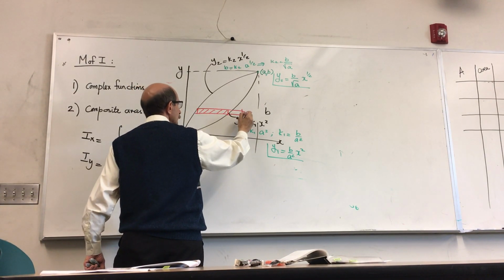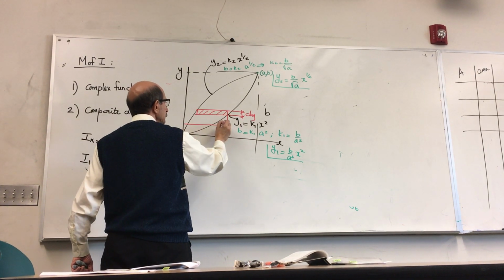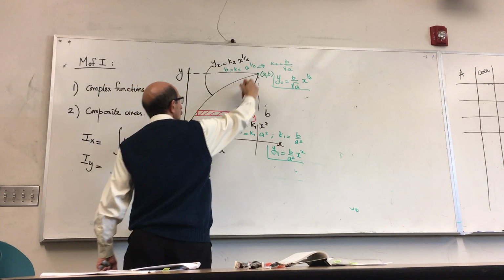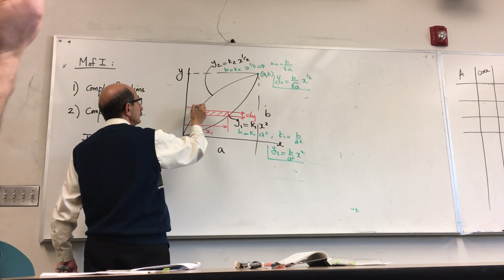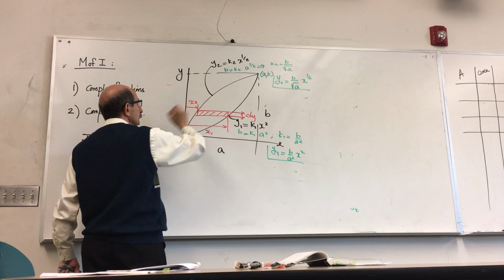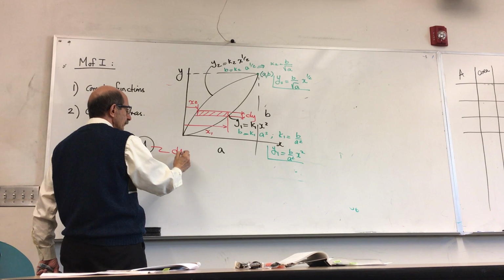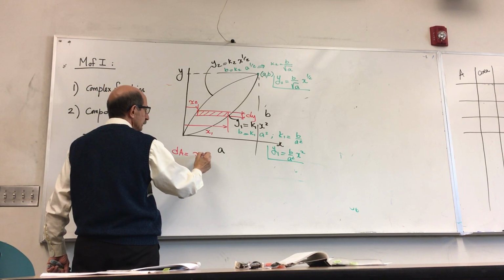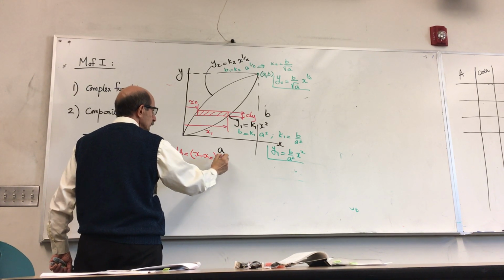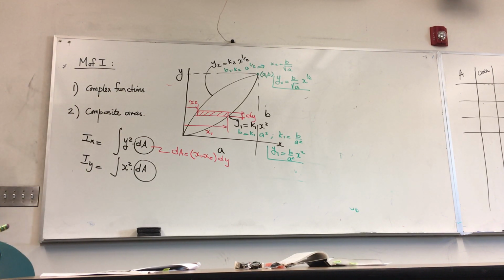In other words, this is dy, therefore this would be the x that you find from this function, I call that x1, and this is the x from that function, x2. So for this case, dA is x1 minus x2 times dy. So it will be a function of y.